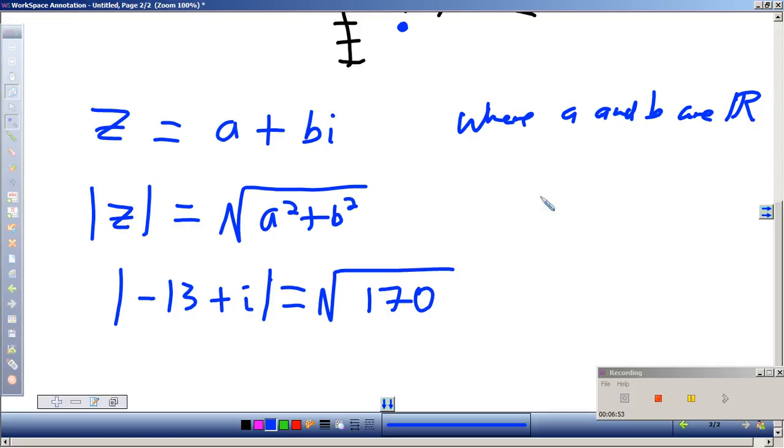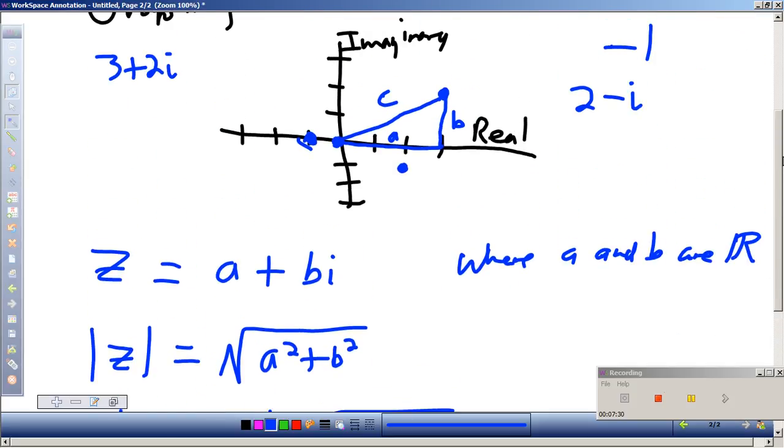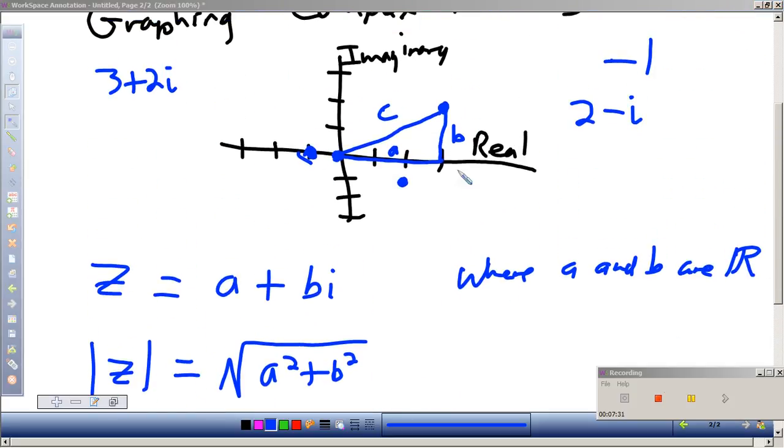Now we do have another notation for writing this. So we can say z equals a plus bi. However, we can also write this trigonometrically. When you start looking at this, think about cosine and sine. Where would they be in this?